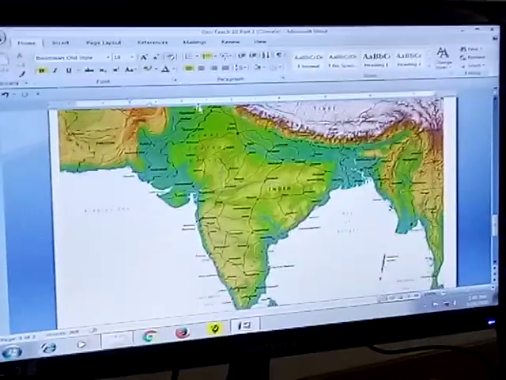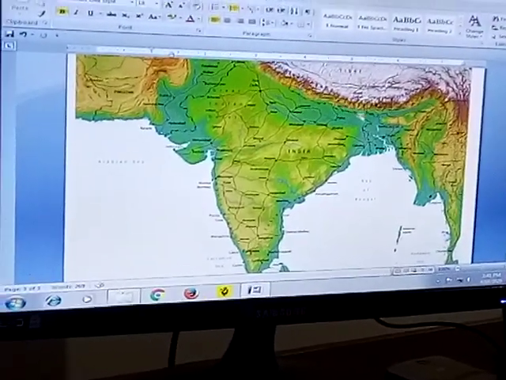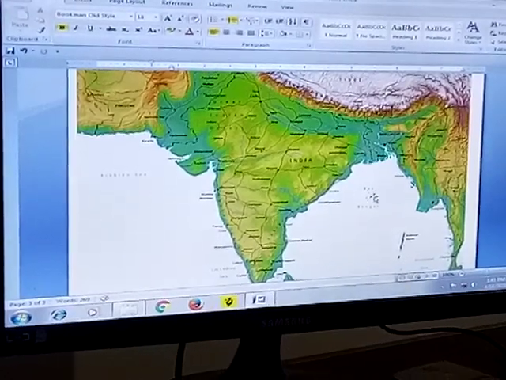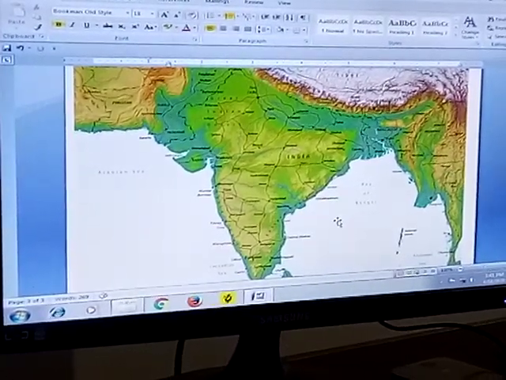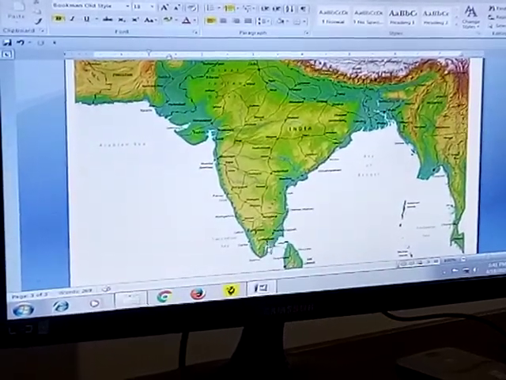Similarly, when this wind is retreating, it also comes back this way, and while it returns over the Bay of Bengal, again it gathers moisture and hits this part of India.